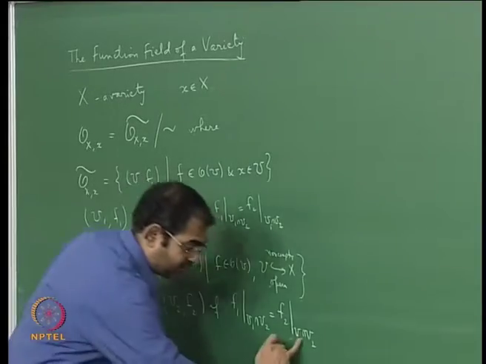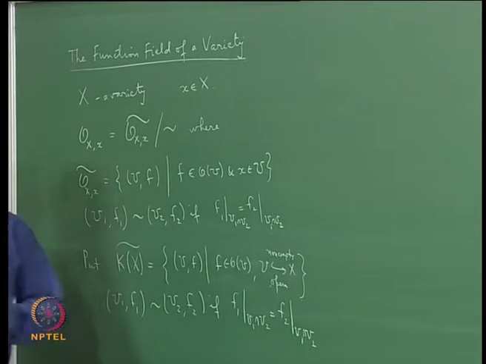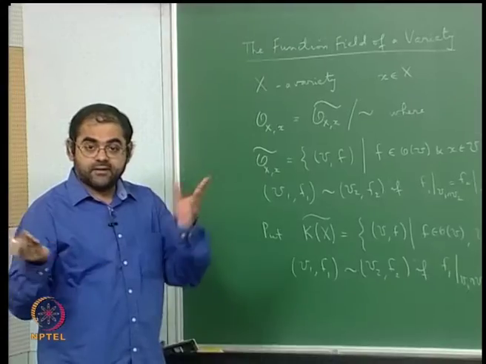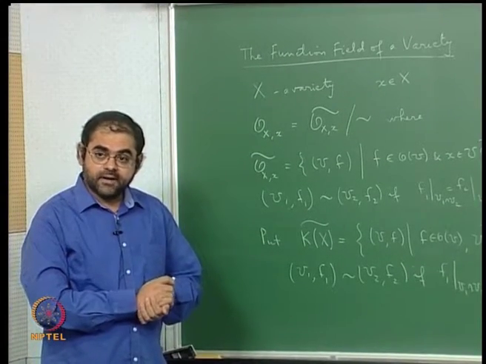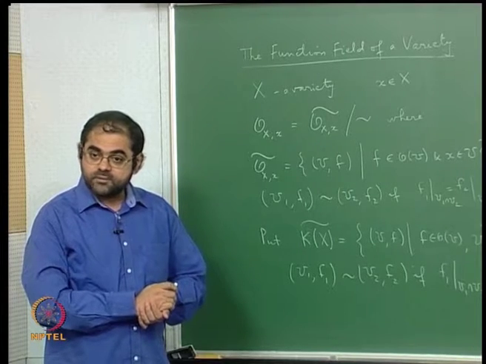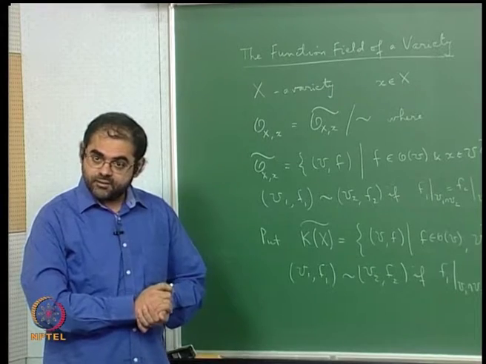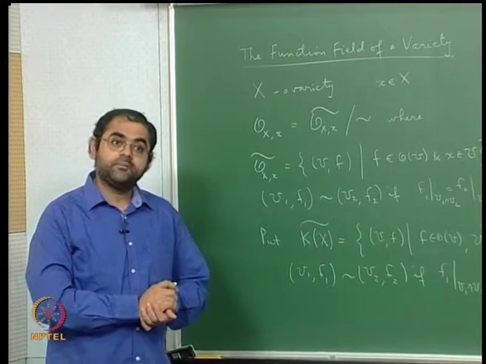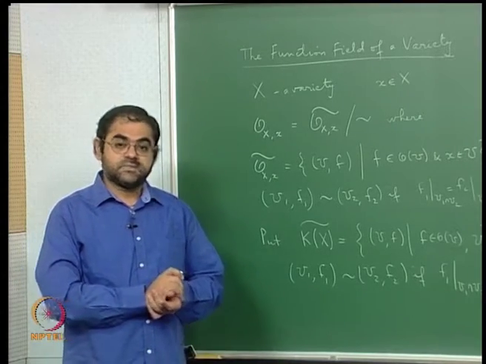And you must always remember this very important fact, that varieties are all irreducible, and therefore any non-empty open subset of a variety will continue to be irreducible, it will be dense, and any two non-empty open subsets of a variety will always intersect.